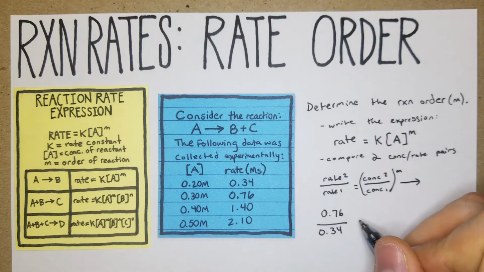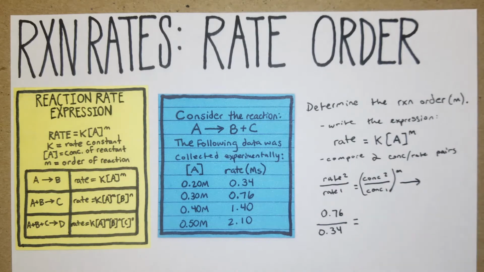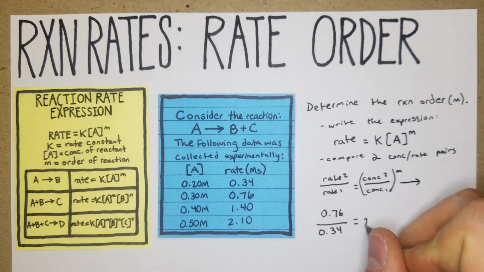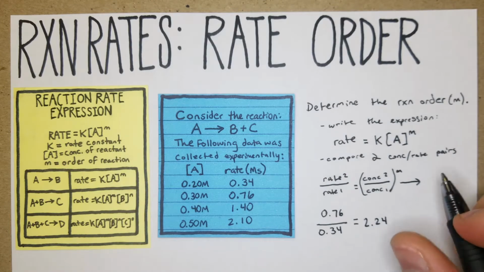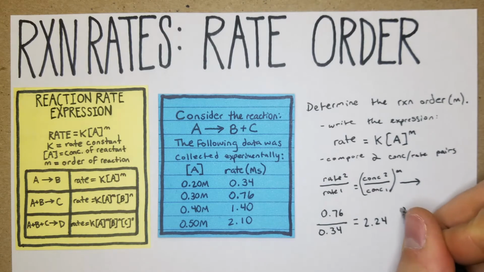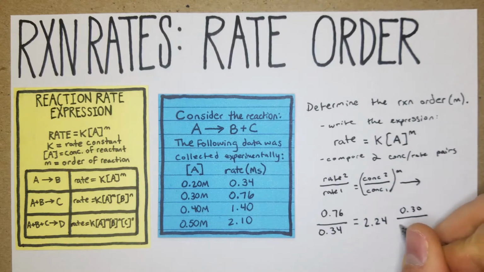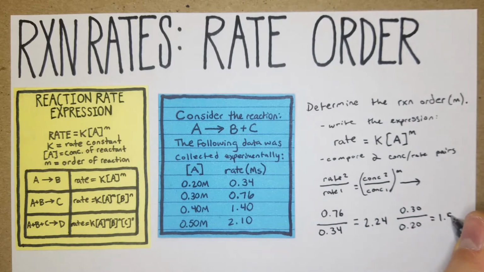That equals 2.24. Now we compare concentration 2 to concentration 1, so we get 0.30 over 0.20, which equals 1.5.